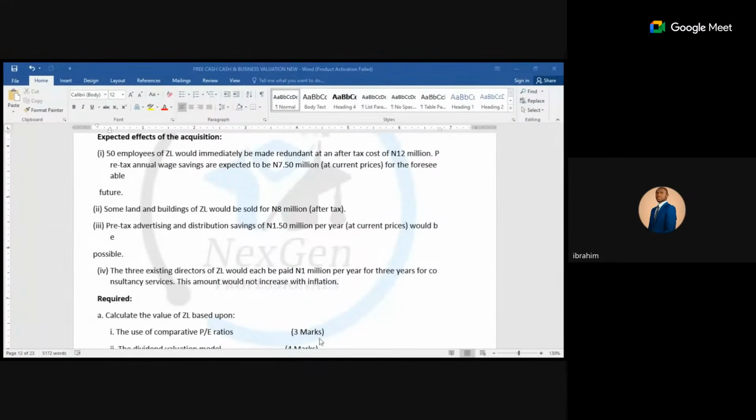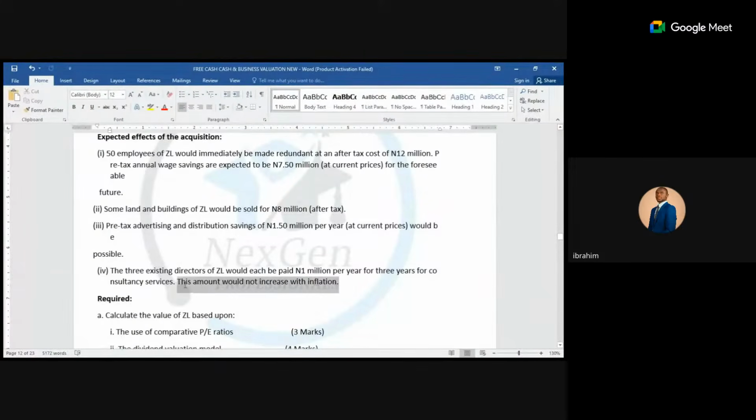Now, the three existing directors of ZL would each be paid 1 million per year for 3 years, meaning that we have to pay them 1 million for 3 years for consultancy fee, right? This amount will not increase with inflation.